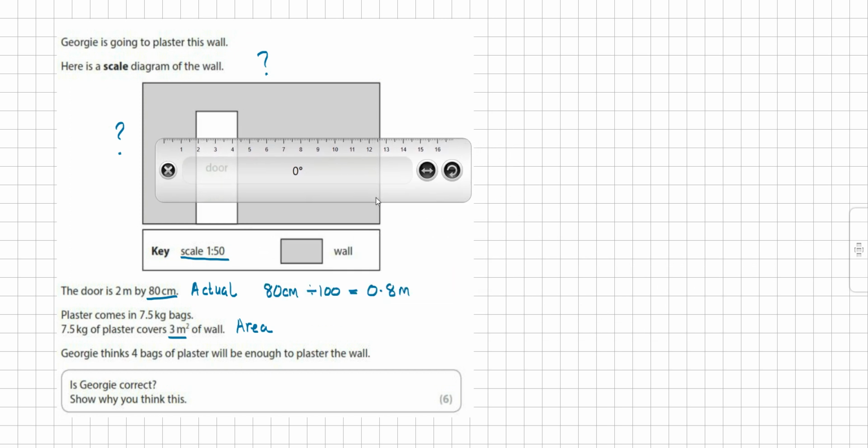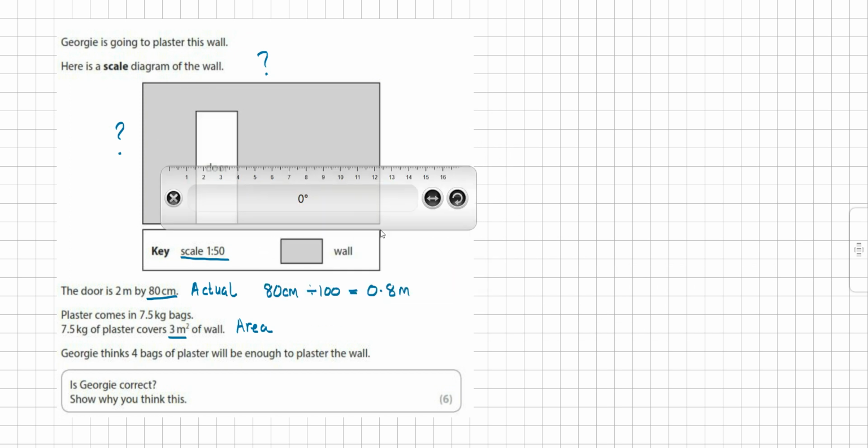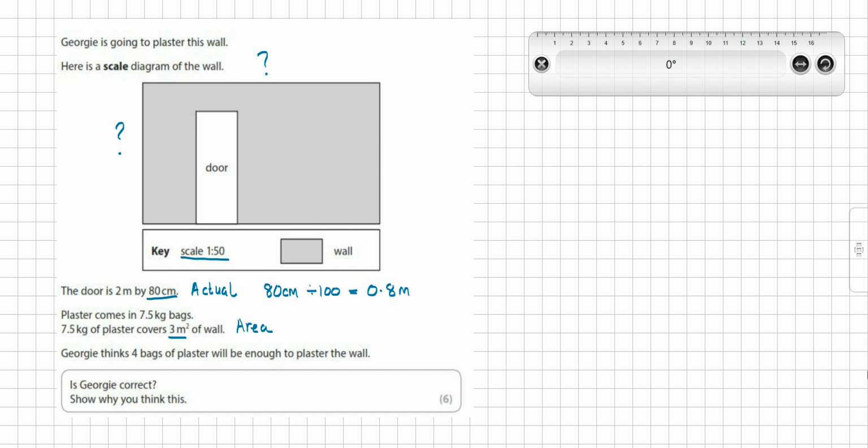If you took out your ruler and measured it, what you should find is that the height of the wall would equal 5 centimeters, and the length of the wall is 9 centimetres. So if there isn't measurements given, then you should know that you have to measure it yourself.